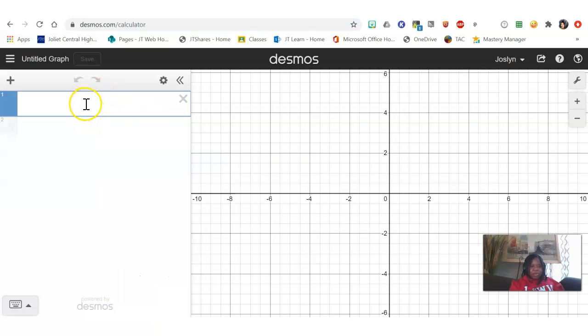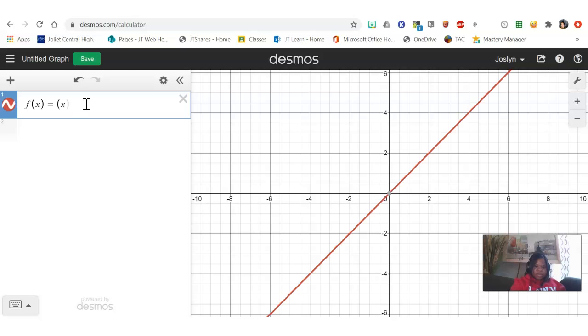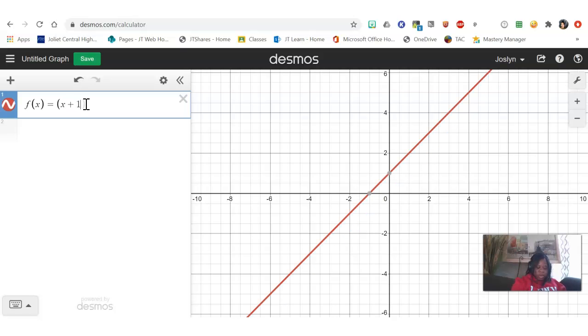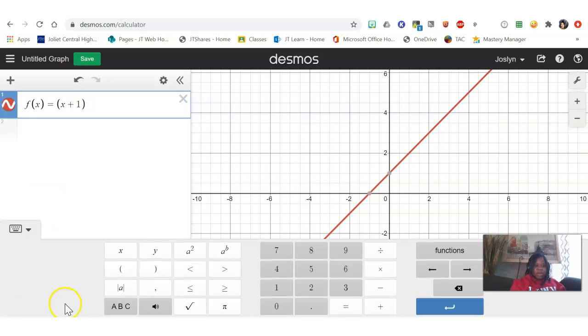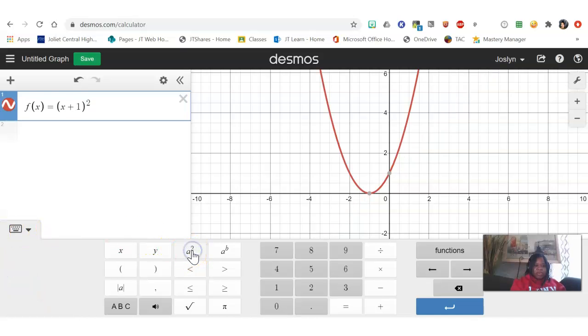And the equation that we will be graphing here is f of x equals (x plus 1) squared plus 3. We have an exponent of 2, so we can either use our keypad down here and place an exponent of 2 and then plus 3.